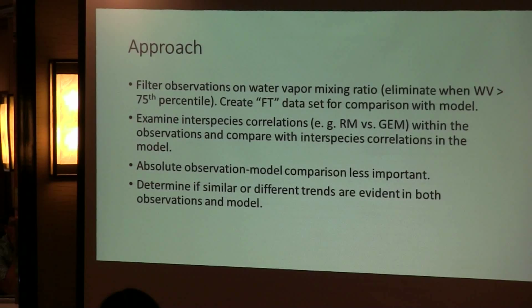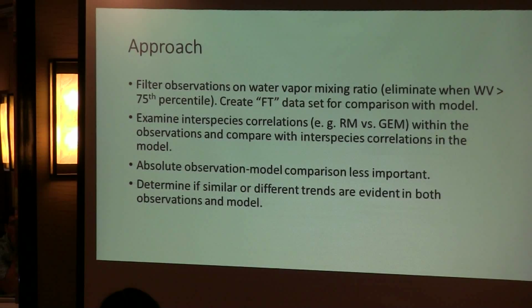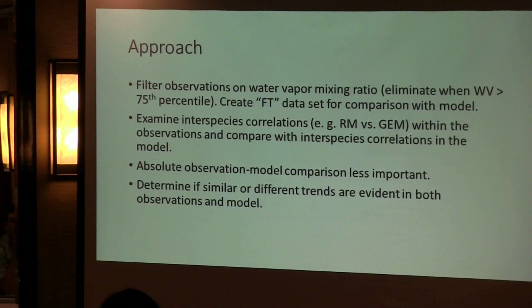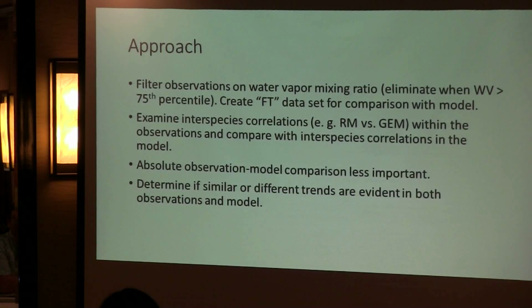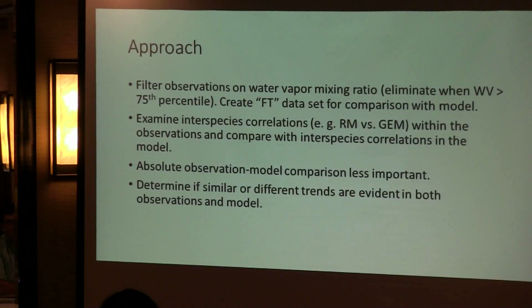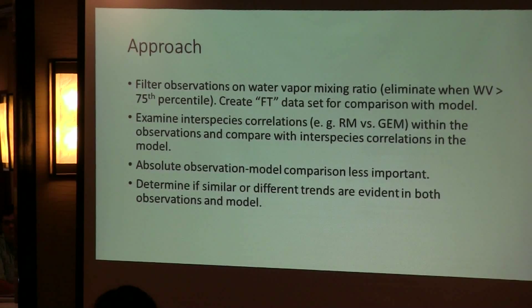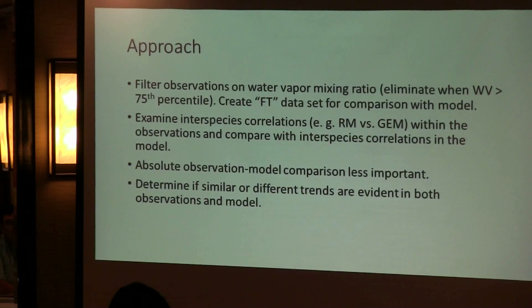And since the GEOS-Chem model represents the free troposphere, the lowest level of the model is still in the free troposphere, we wanted to eliminate the surface air contribution, the times when we had known surface air in the observations. So we created a quote-unquote free tropospheric data set of the observations for comparison with the model by selecting only times when the water vapor was in the driest 3/4.